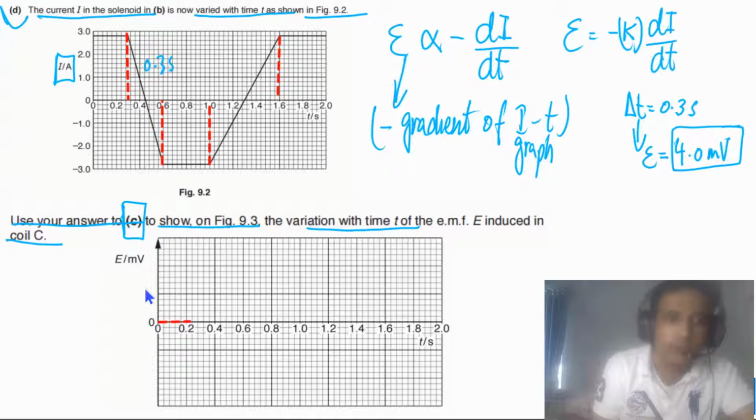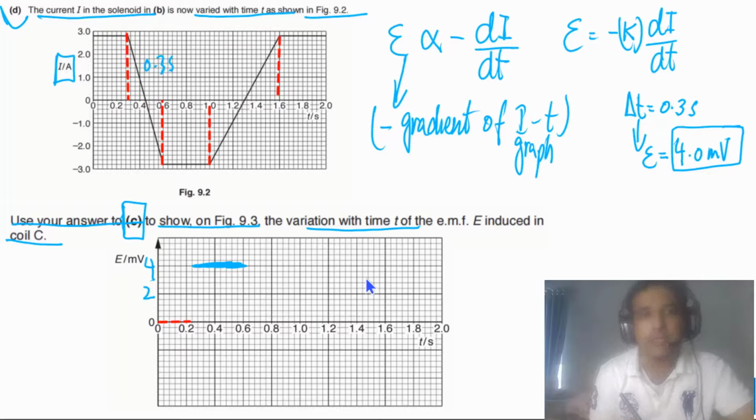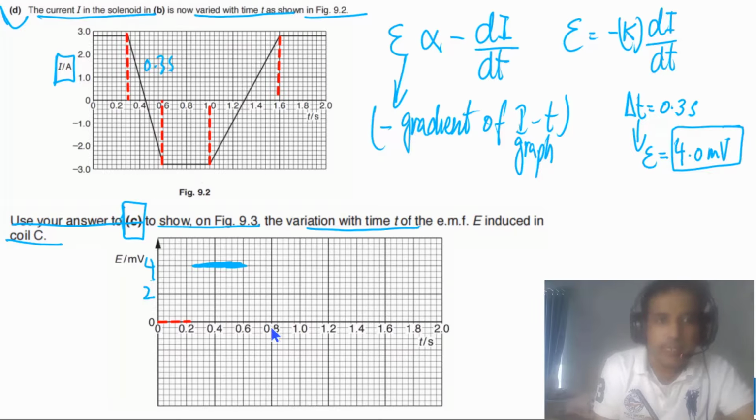So we can label these axes: this is 2, this one is 4. So between this time period, EMF induced is equal to 4 millivolts. So we can draw the line here. This is 4 millivolts because gradient is negative, so EMF is positive.